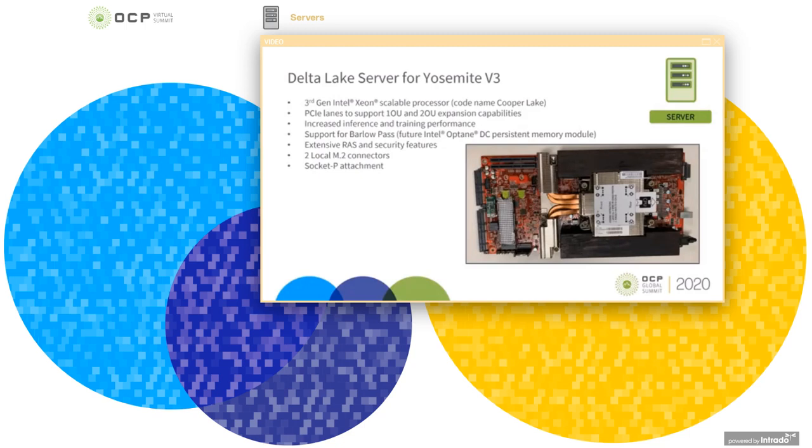On the far left, there is a front expansion option for a 1OU form factor, and on the top left, there's a riser card expansion, which allows for a 2OU expansion option if a 2OU blade fits your application. Cooper Lake also offers some increased AI performance versus previous generations, since it implements a bfloat16 floating point format.